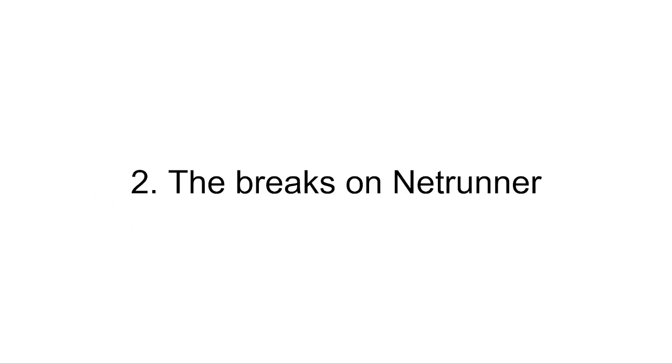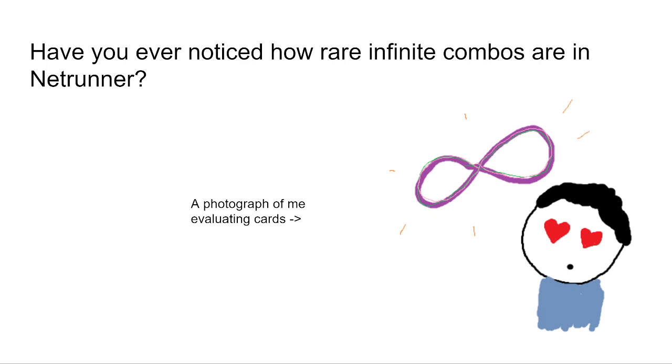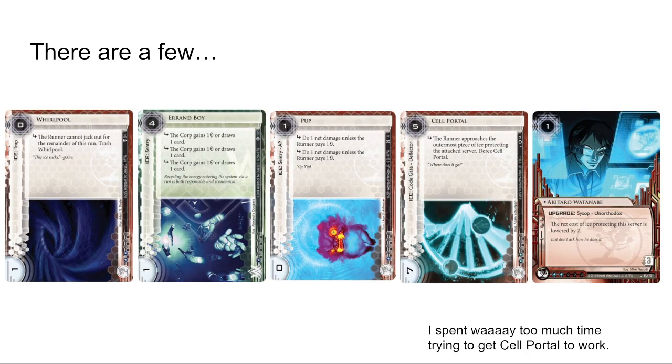Section 2. This section I call the brakes on Netrunner. Have you ever noticed how rare infinite combos are in Netrunner? Now, I love infinite combos. When I was a little baby Netrunner player, I was really fascinated by this card, Cell Portal, from the original core set. And Cell Portal kicked the runner out. If you let that subroutine fire, kick the runner out to the very end of the server.